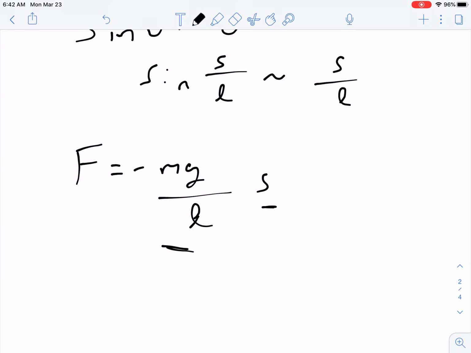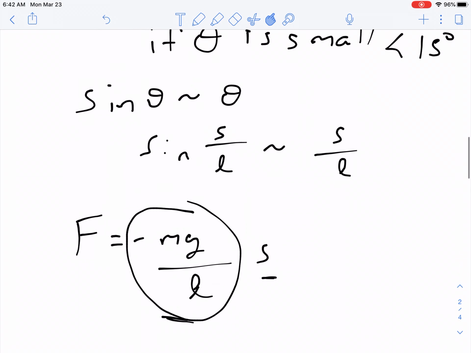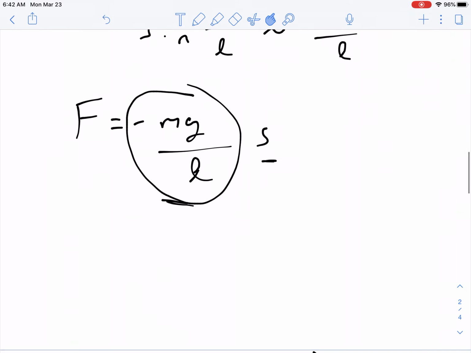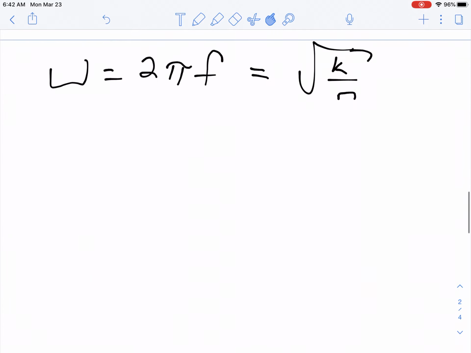If we compare this to the equation for a spring, we have a constant mg over L times a displacement. So for a pendulum, k would be mg over L in that example.